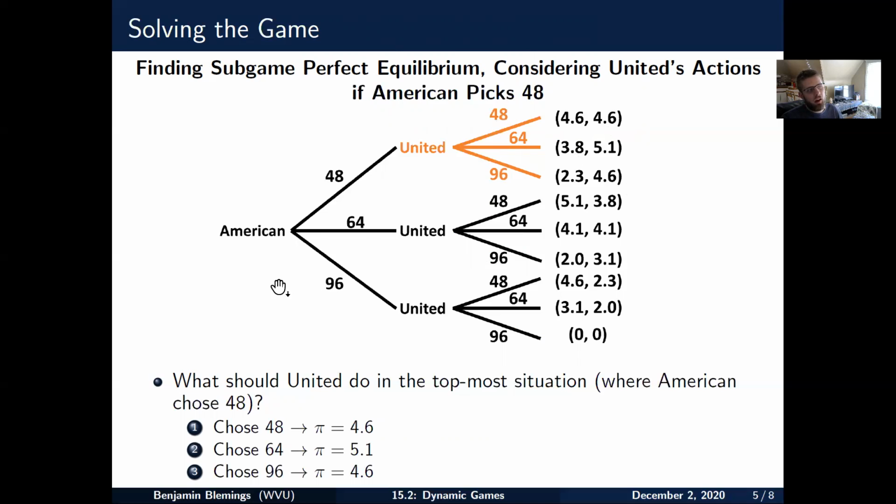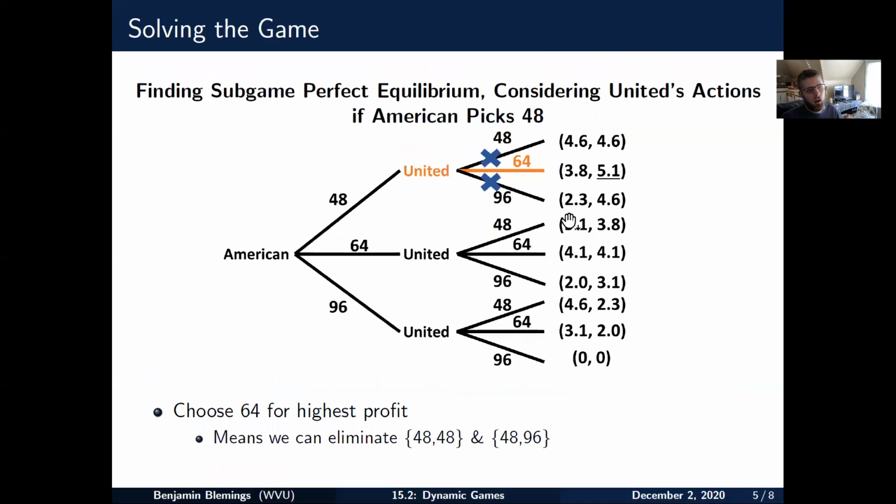And so we know that if American chooses 48, United wants to choose 64 because 5.1 is greater than 4.6, and we like profits as a business. And so what we can do is put a big old X on these branches, because we know that if United finds themselves here, they're going to choose 64 and not 48 or 96.